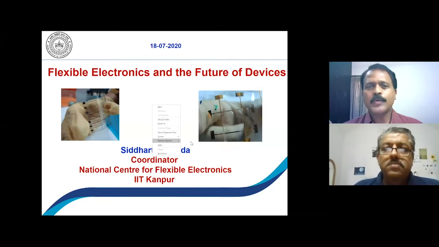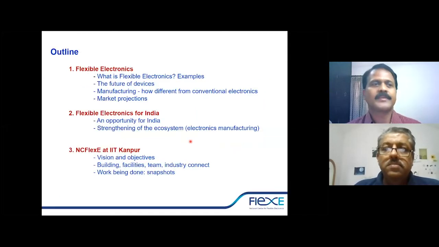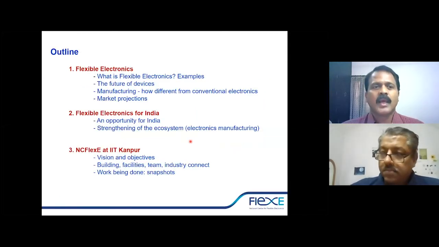I'm going to make this presentation in three sections. First, I'm going to talk about flexible electronics and give some examples of what we mean by flexible electronics, and give a glimpse of what the future devices could be. Then I'm going to briefly mention how the manufacturing paradigm of flexible electronics is different from that of conventional electronics, and then give some market projections.